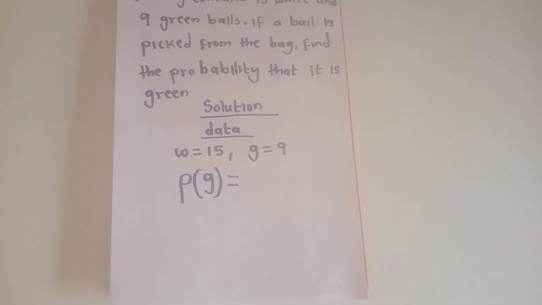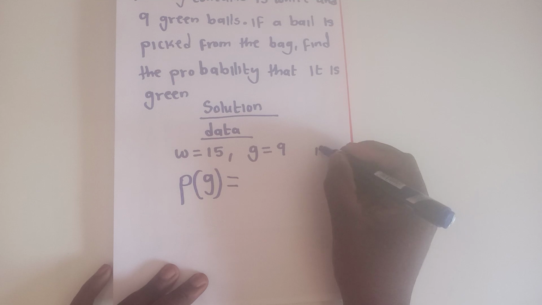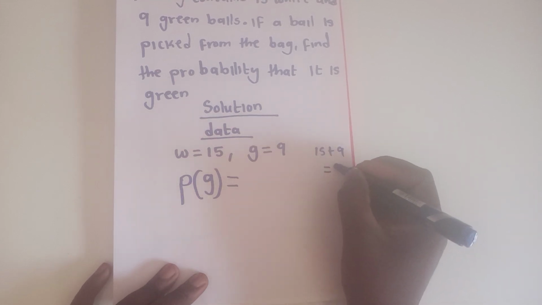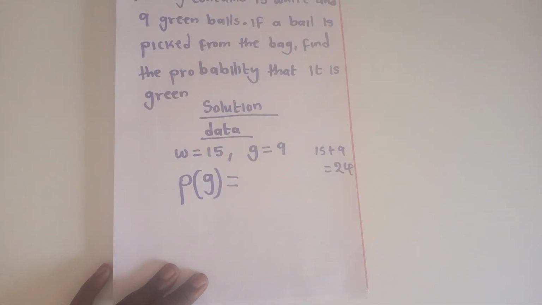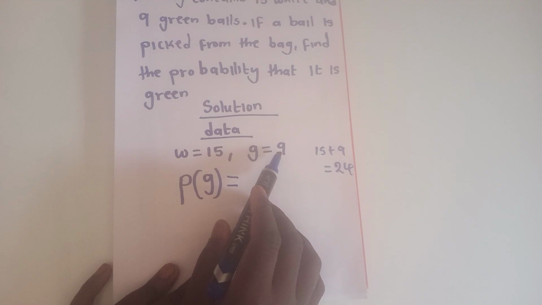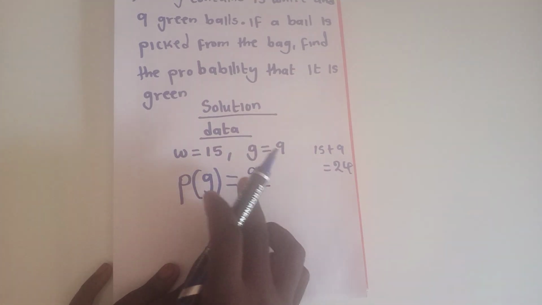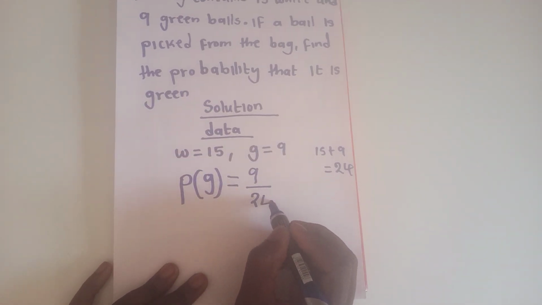What is 15 plus 9? So you add it somewhere. You say 15 plus 9. What do you get? You get 24. So what is the number for green? 9. So you say 9 over the total after adding 15 and 9, it's 24.